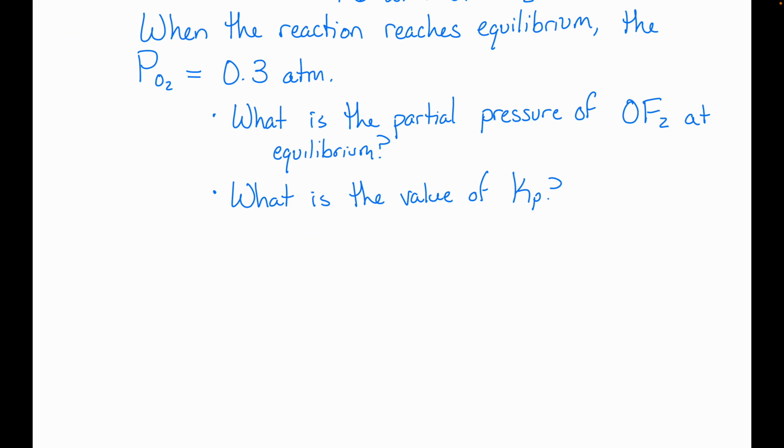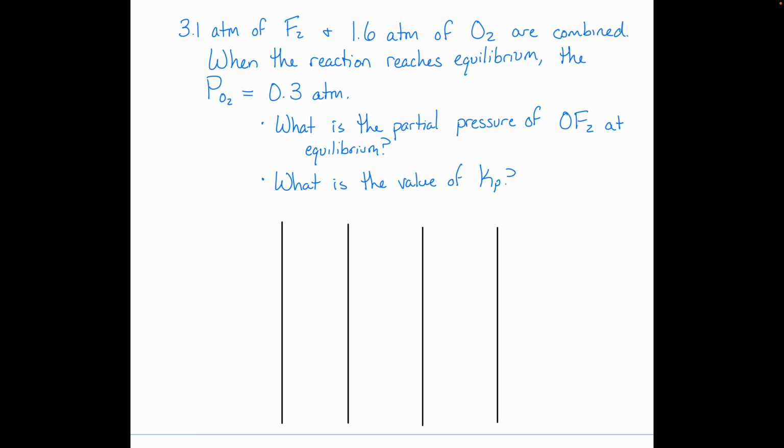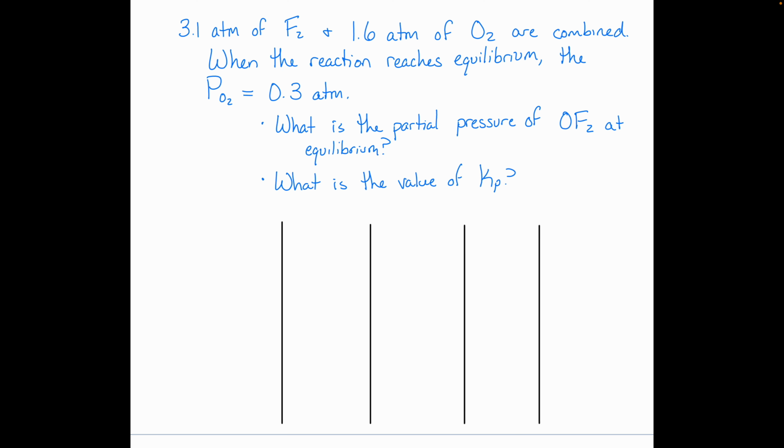All right, so let's do it. We're going to make a table. Okay, we're going to have these three columns for our two reactants and one product, right? And since we're talking about pressure, we're going to head them with the pressure.